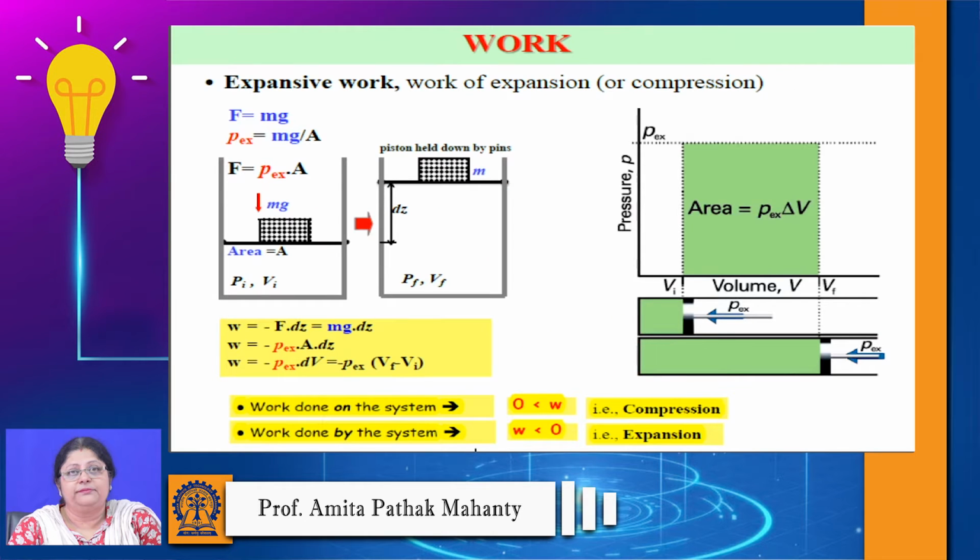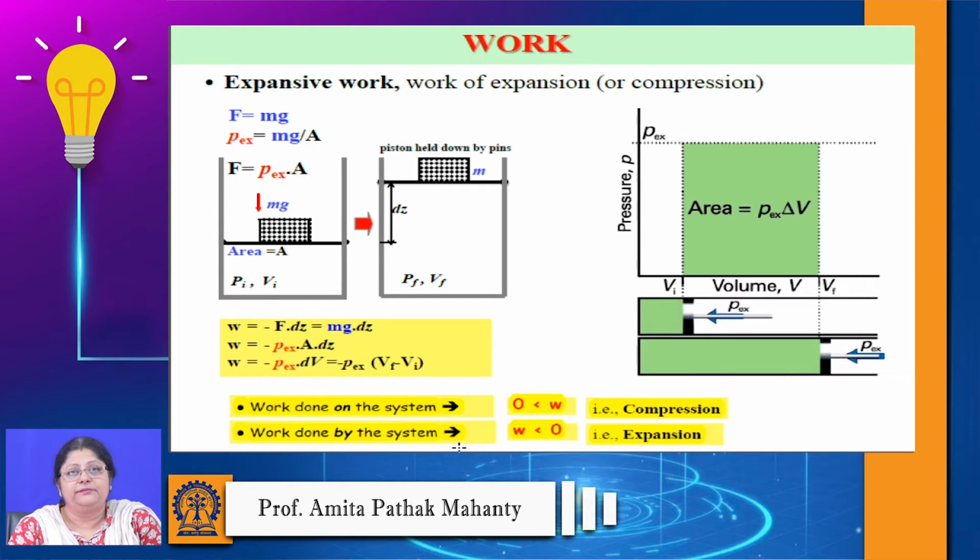So what I want to emphasize is I want you to understand what is P external. Always visualize the P external as a sandbag sitting on the lid of the piston. If you visualize that, there will be no confusion as to what the P external is.